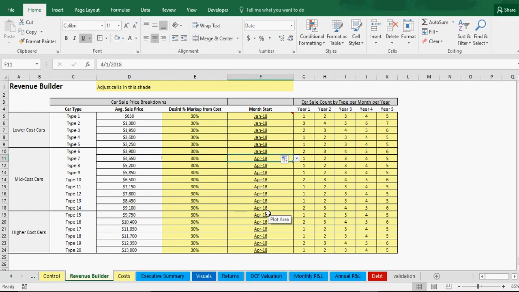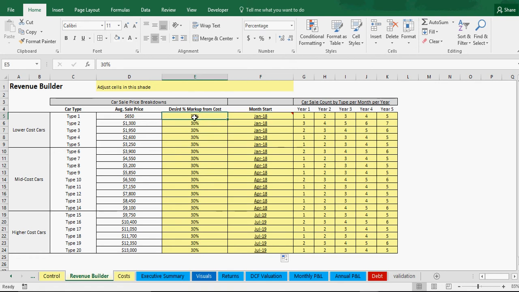We've done that. And then say you don't want to start selling the high end ones until say July of 2019. You can plan that kind of ramping up schedule. That's just another tool for you to build out scenarios.